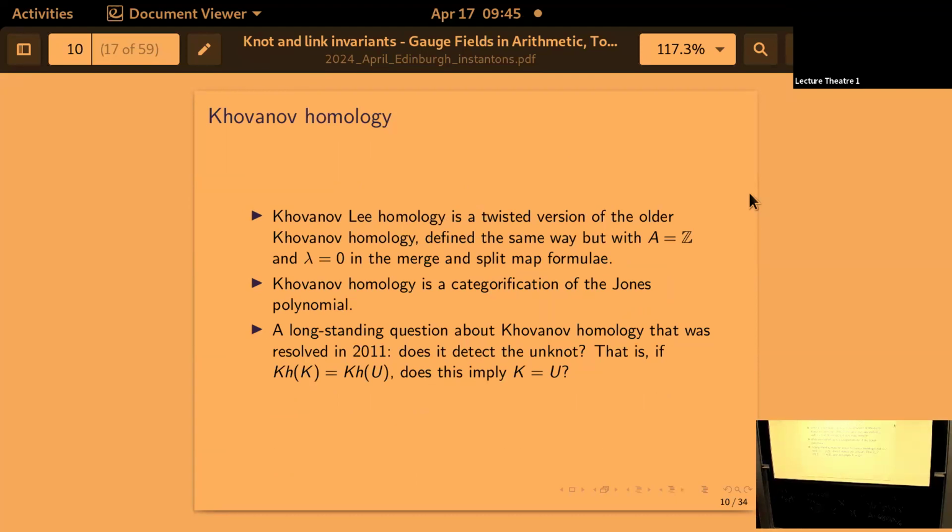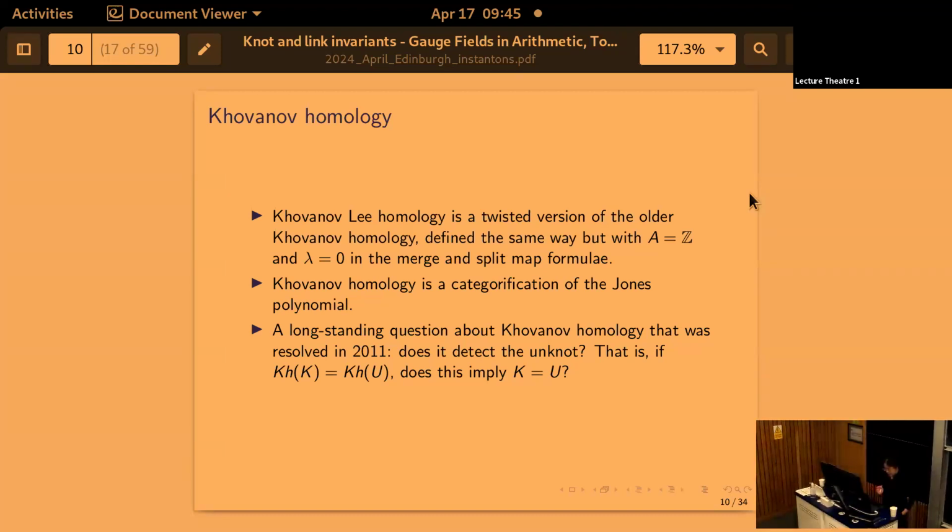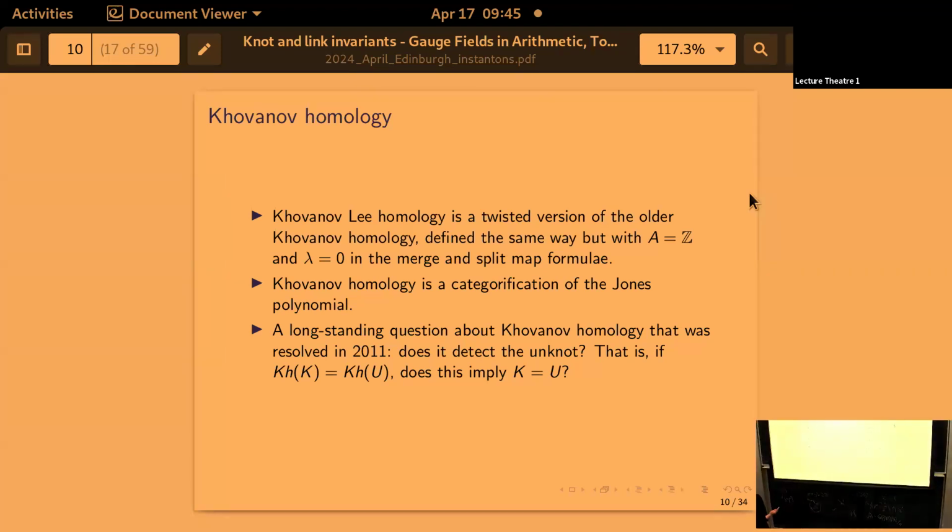And so the Khovanov-Lie is kind of like a twisted version of this with this extra lambda variable. And then the Khovanov homology is what's called a categorification of the Jones polynomial. Like the Jones polynomial I mentioned earlier, given a knot, or a link diagram, well, really a link, it gives you a polynomial, right?